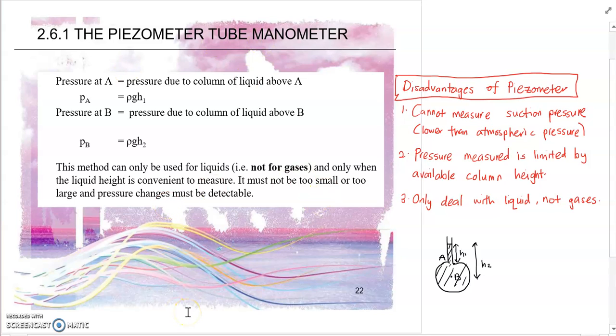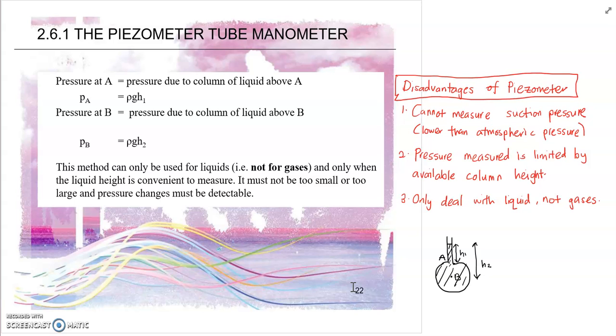However, there are some disadvantages of the piezometer. First, it cannot measure suction pressure, which is lower than atmospheric pressure. The piezometer is designed only to measure pressure that is more than atmospheric pressure.